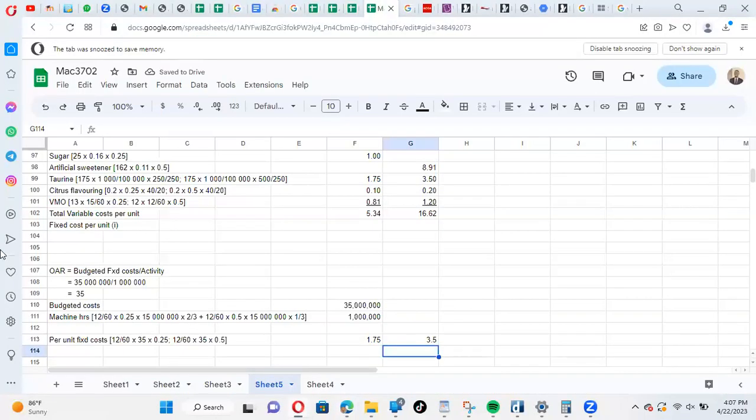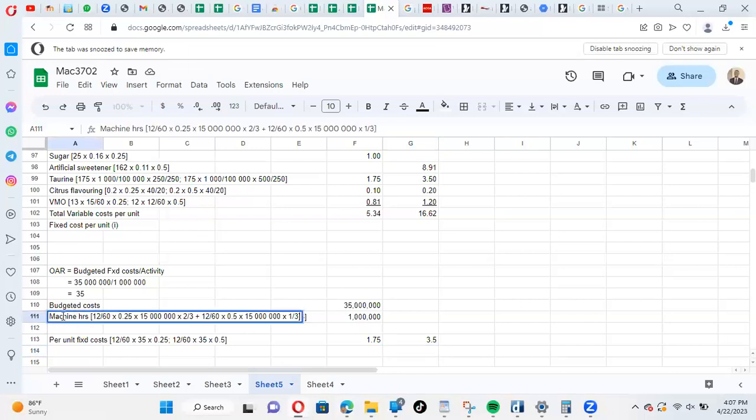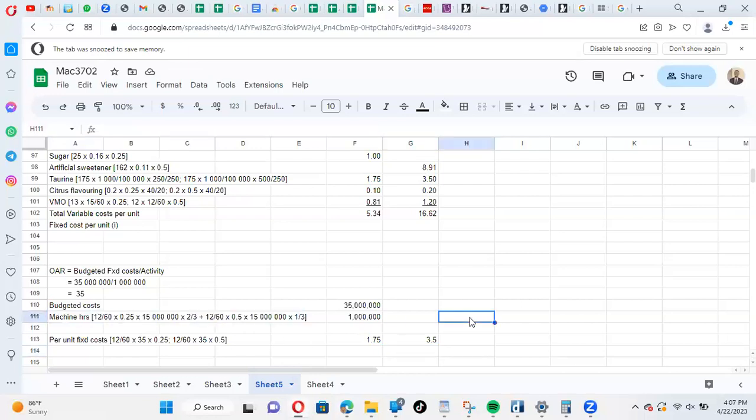So what we did there to get our total hours: for the first one, it's going to be 12 over 60 times 0.25 per net, and then that 0.25 is times 15 million, but we're only manufacturing 2/3 of 15 million.